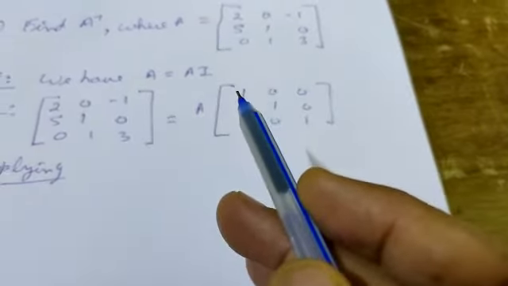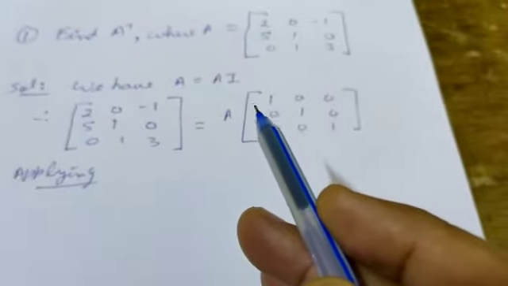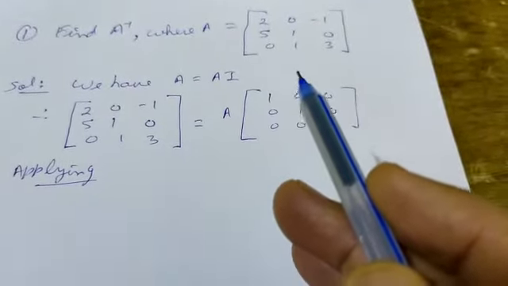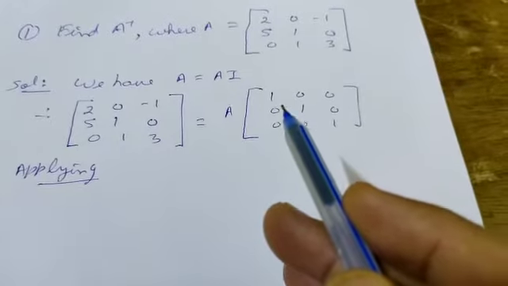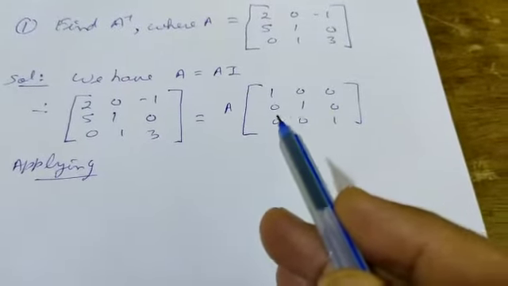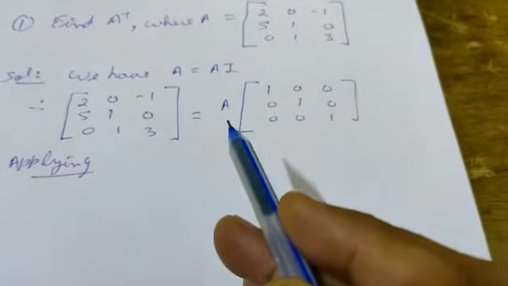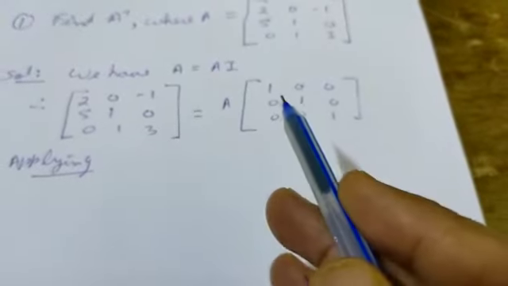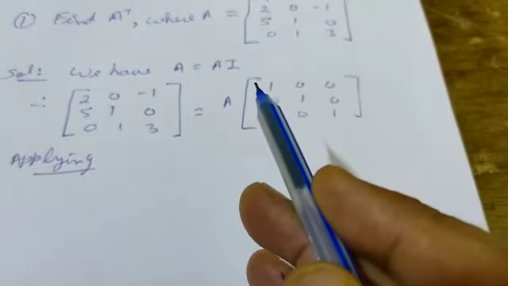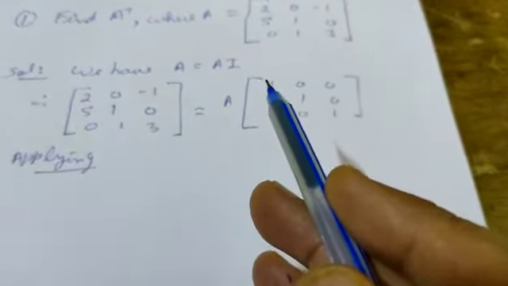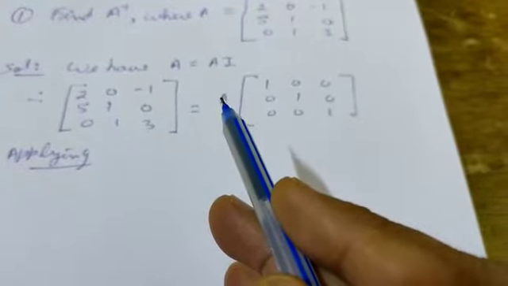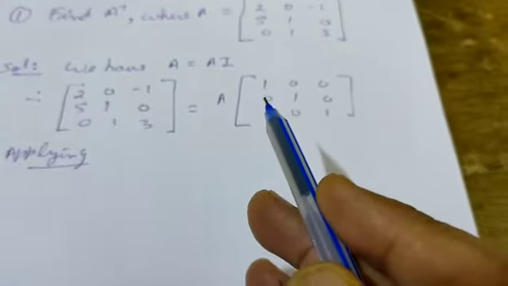Because we are doing column transformation here, we will be working only on the columns. A into I combined will give us A, and as I told you, matrix multiplication is done when we multiply the rows of the first matrix with the columns of the second matrix.